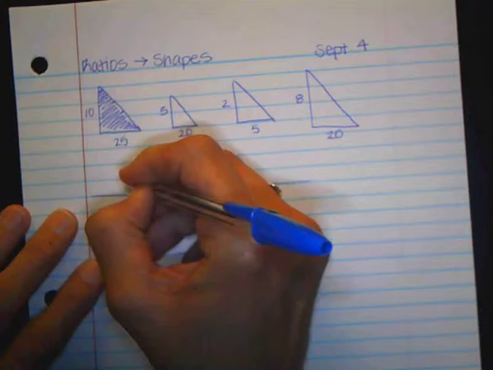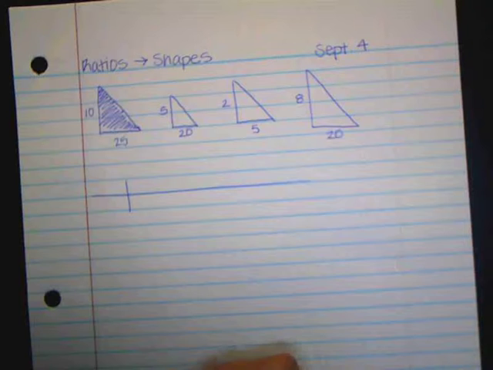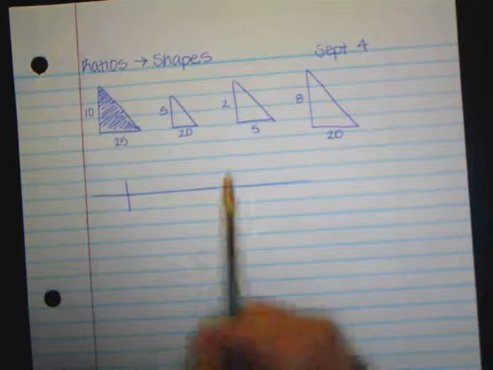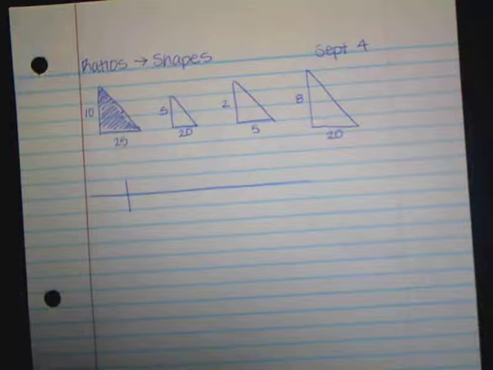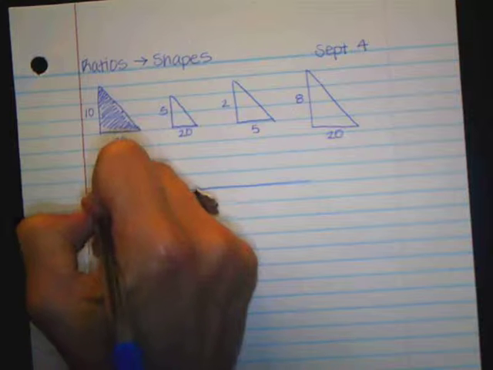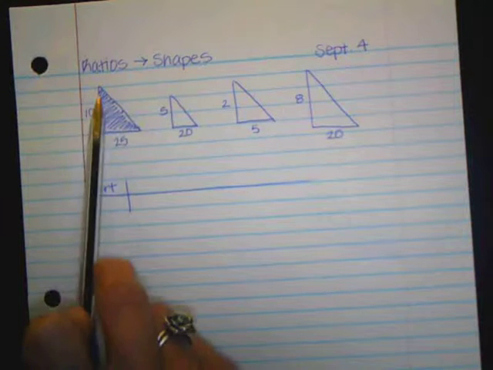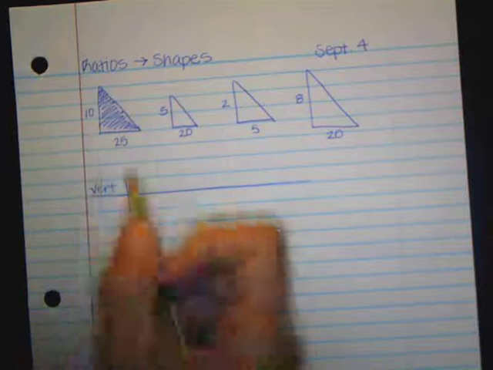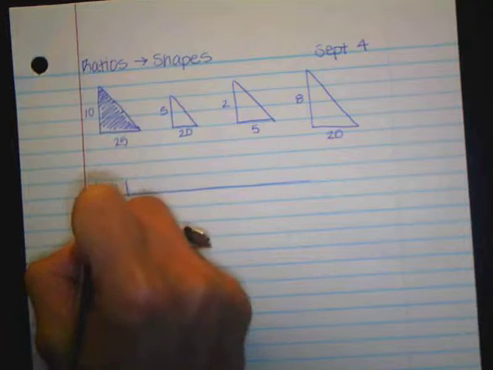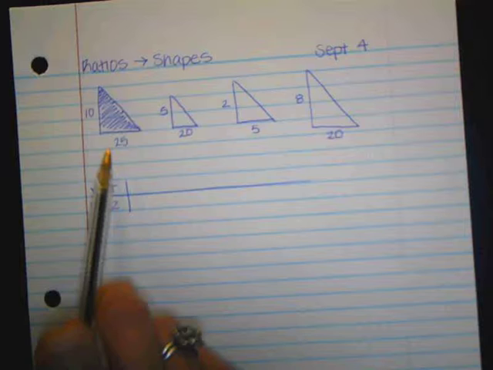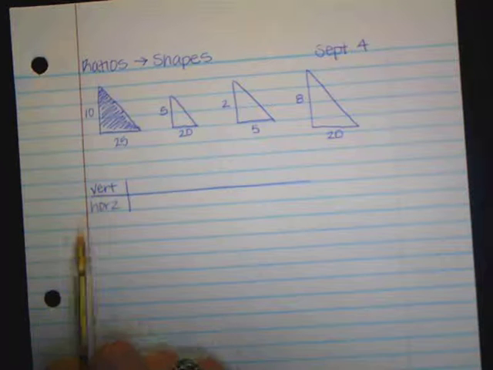Remember, a ratio table is a collection of equivalent ratios, so you can make it as long as you will need it. I am going to put the vertical side, which my 10 represents, this is the vertical side of the triangle, over the horizontal side, which is what the 25 represents.